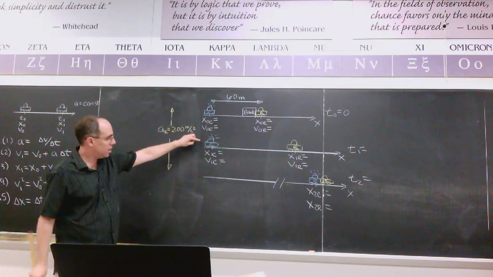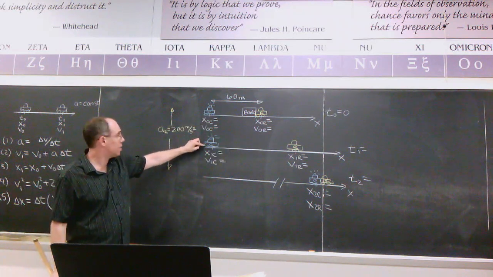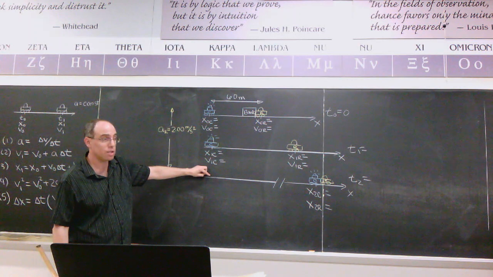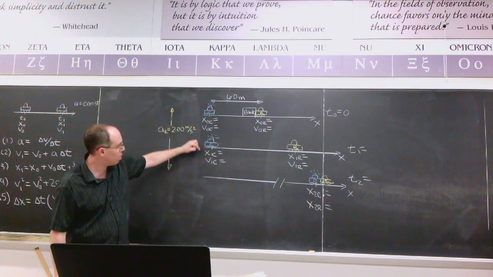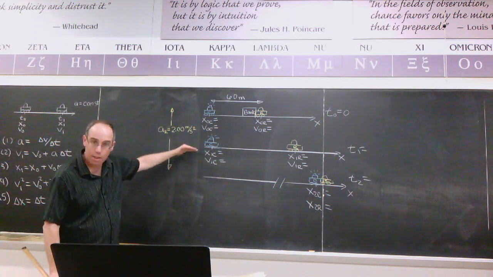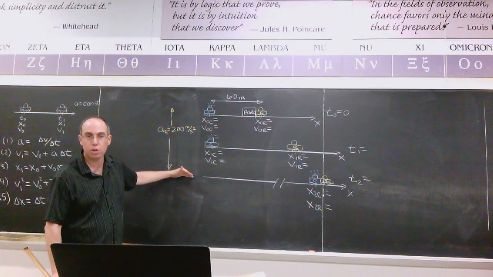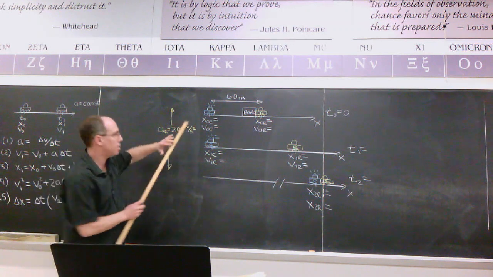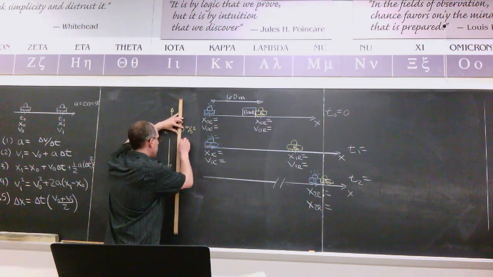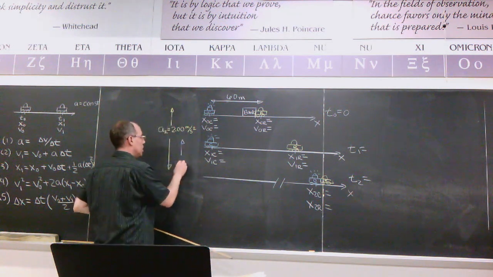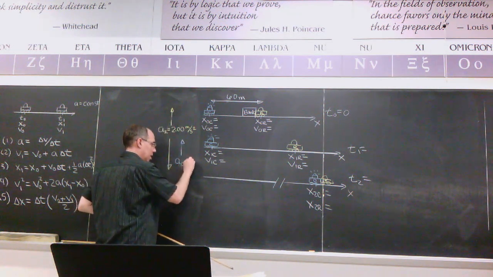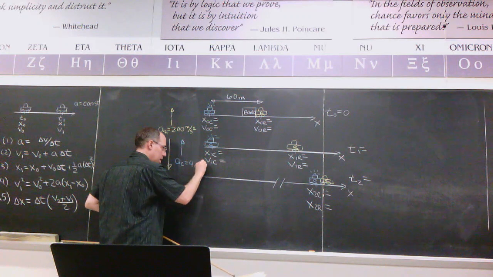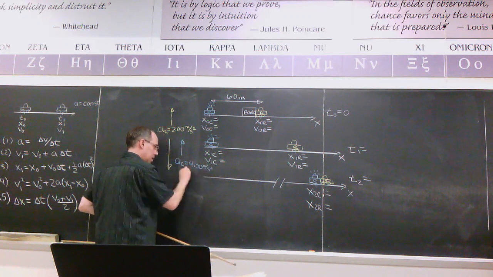Okay? The cops only have their acceleration of 4 meters per second squared between moment 1 and moment 2. So let me put that, an arrow from moment 1 to moment 2 indicating the acceleration of the cops. We have a cops equals 4 meters per second squared here.